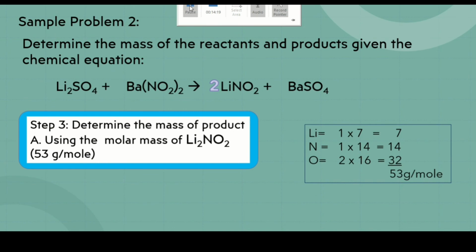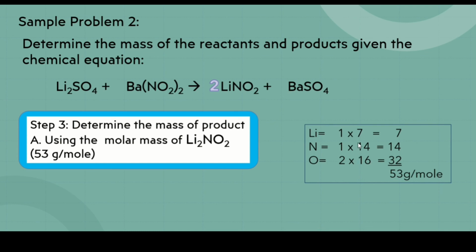Okay, step 3 is for us to determine the mass of product A. In this case, product A is lithium nitride. The molar mass is 53 grams per mole. So how did we get 53 grams per mole again? Lithium, we only have 1 atom here since we don't see a number. Nitrogen, 1 also. And then oxygen, 2.